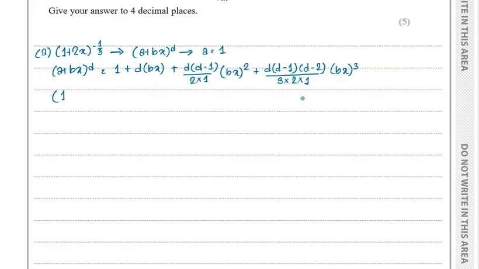So for the given expression, 1 plus 2x to the power minus 1 by 3, a is equal to 1, b is equal to 2, and d is equal to minus 1 by 3. At first, 1 would be 1, and d is minus 1 by 3, b we know is 2x.